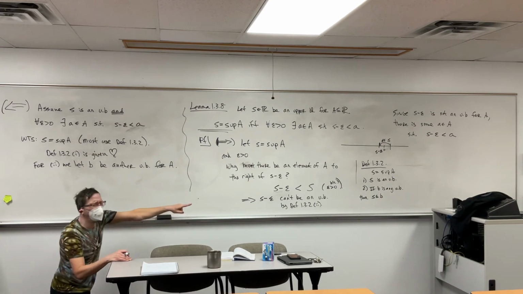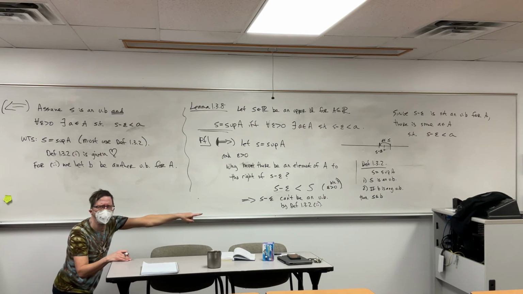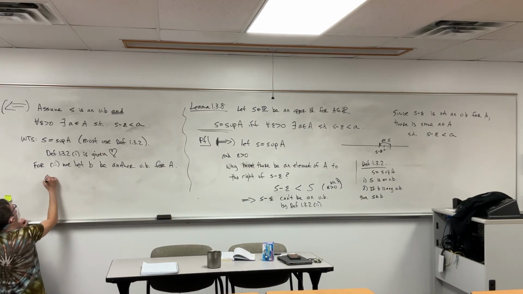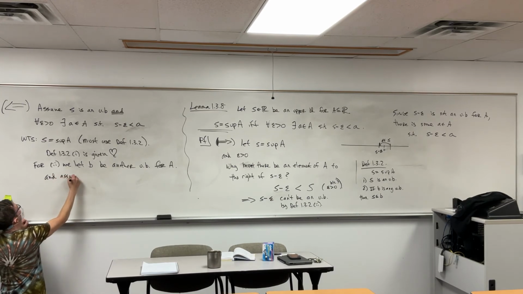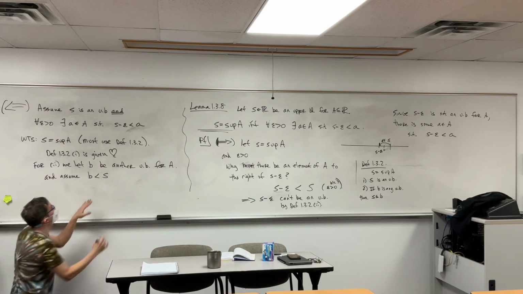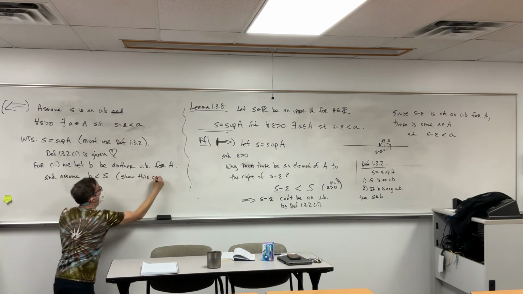So let's just do some contradiction stuff here and assume that B isn't to the right of S, and assume that B is actually less than S. And we're going to show this leads to a contradiction. Show this can't happen.